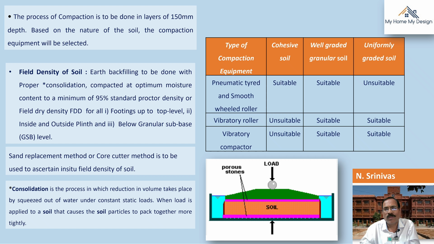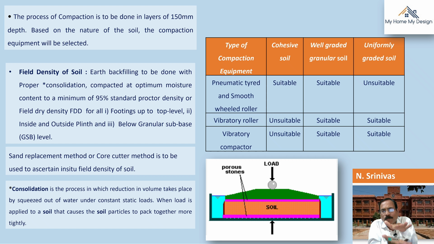I am explaining here in detail: when the load is applied over the soil with constant static pressure, the soil is squeezed and it causes the soil particles to pack together tightly. That means it is tightly packed and no more water is left in it, which has already reached the saturation limit. This process is called consolidation.